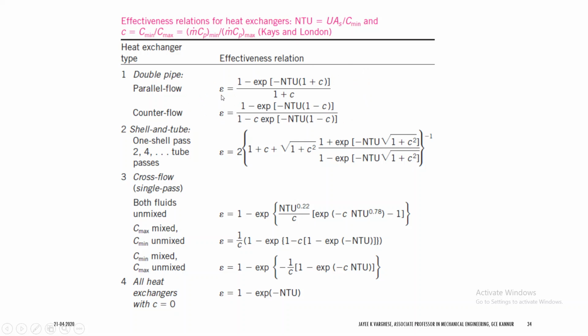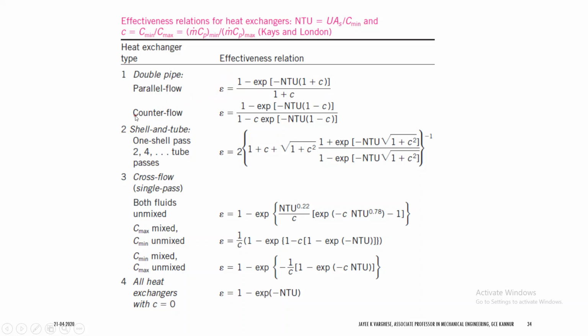Now one more thing I would like to point out is that from this relationship we can also obtain a relation for NTU in terms of epsilon. Epsilon can be written in terms of NTU or NTU can be written in terms of epsilon. Such a relationship will be there in the data book.